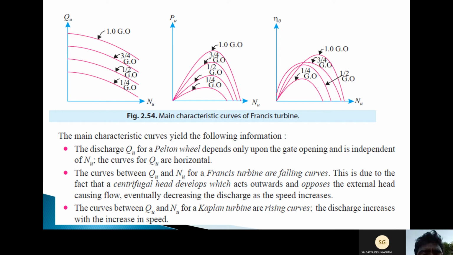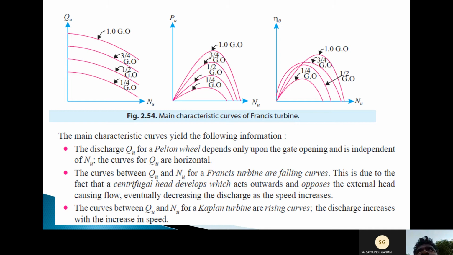As a centrifugal head develops, which acts outward and opposite to the external head causing flow. The curves between discharge and speed for the Kaplan turbine are rising curves. Pelton wheel curves are horizontal lines, and Francis turbine curves are falling lines.